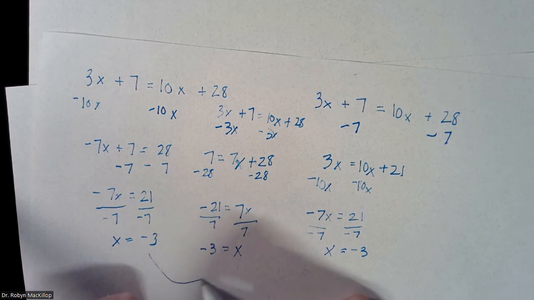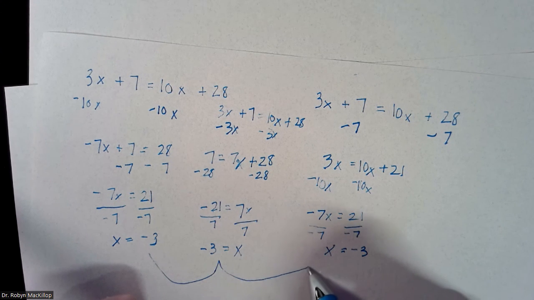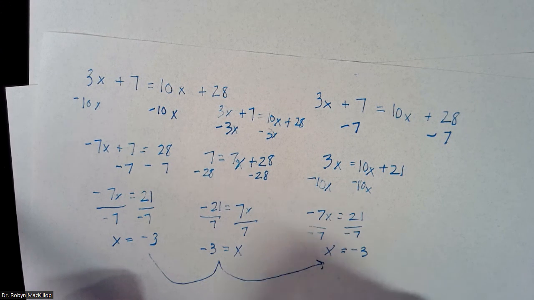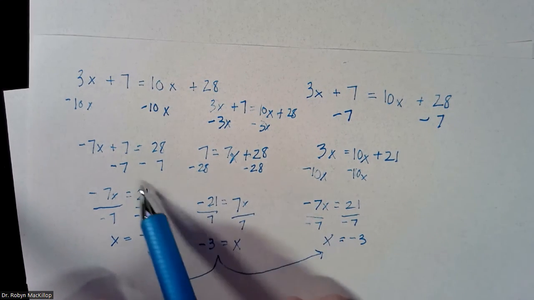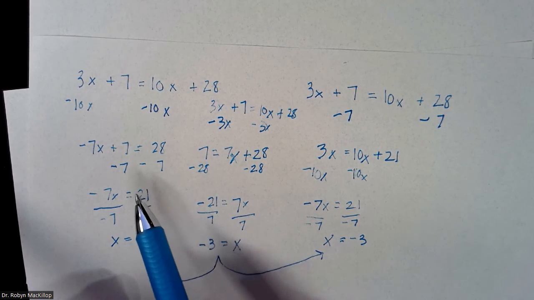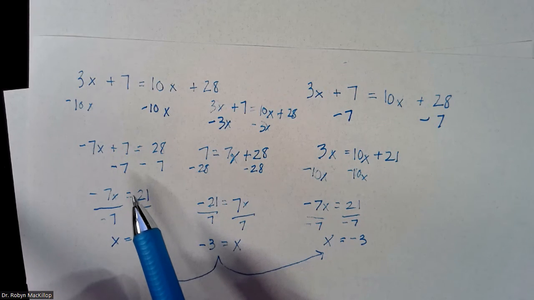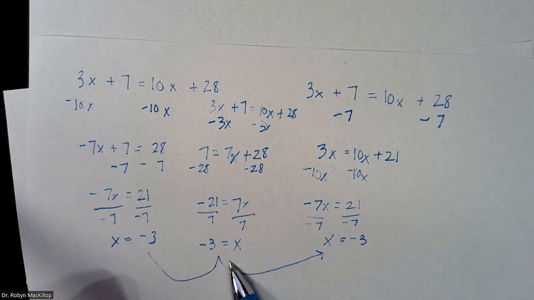Look at that. Doesn't matter where you start. You're going to get the exact same answer. It'll just be a little bit different in the middle, but the same number of steps, the same exact process, the same exact answer. Cool.